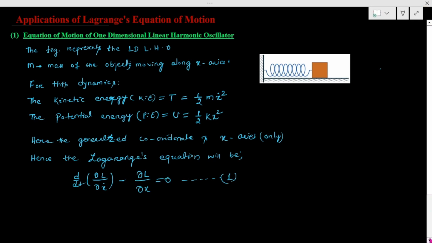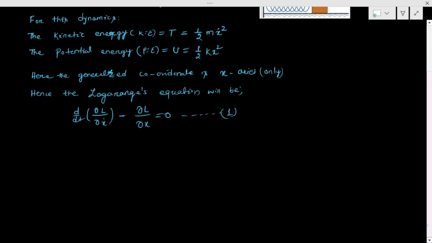Now we have to find L, and here L is nothing but the Lagrangian of the system.